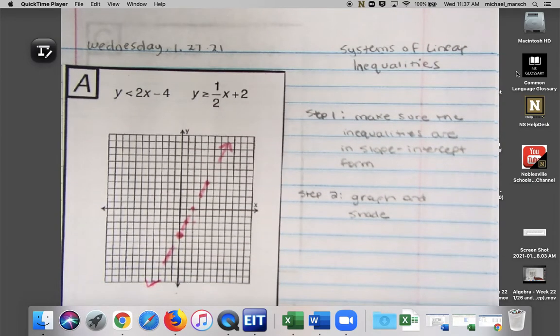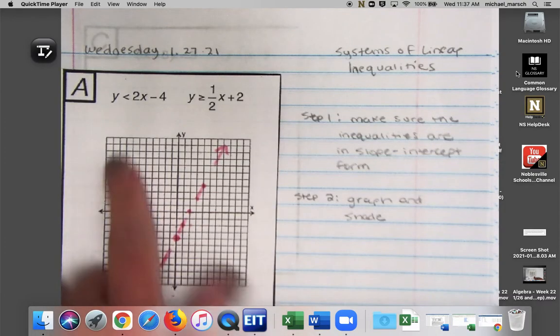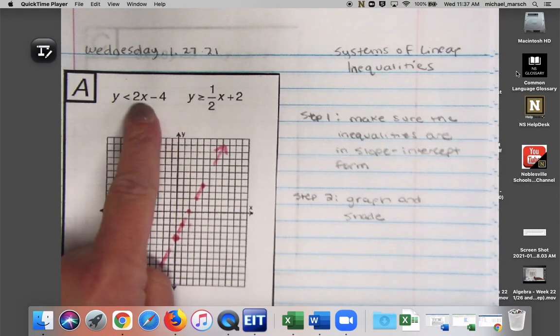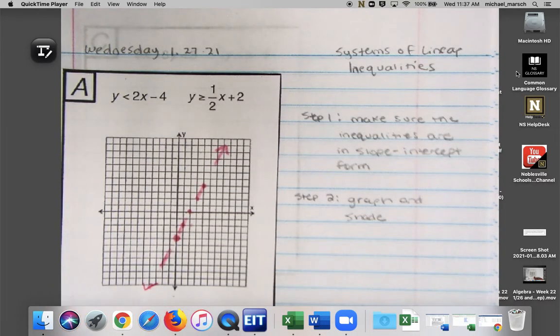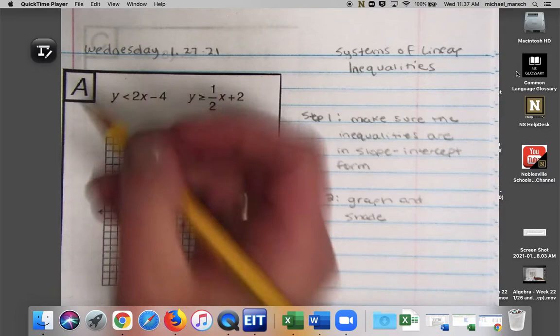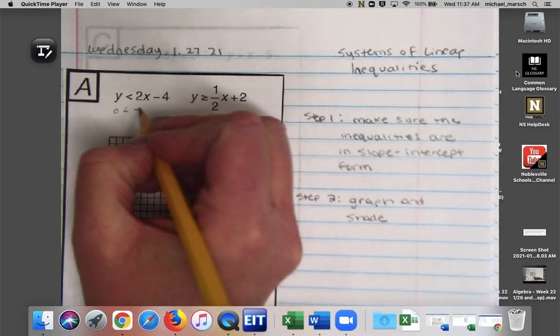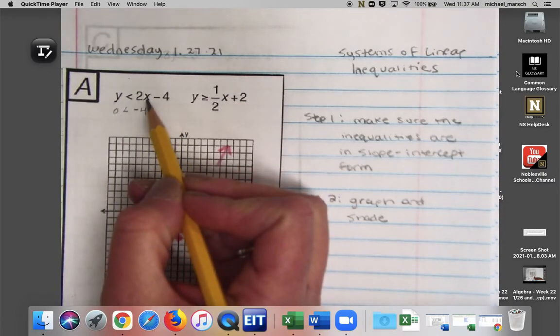And then if you remember when we were just graphing inequalities, we used the origin to decide if we shade towards or away from 0, 0. So we're going to put 0 in for y and 0 in for x. So when I do that, I end up with 0 less than -4, right? Because 2 times 0 is 0.